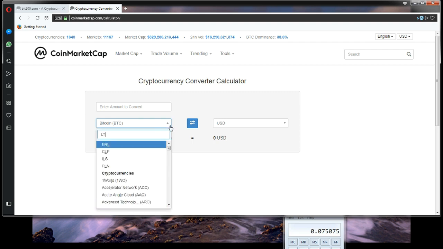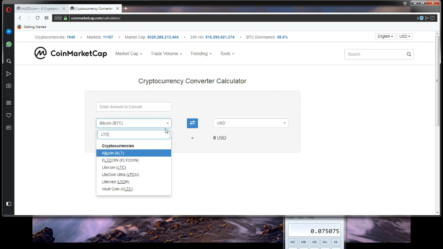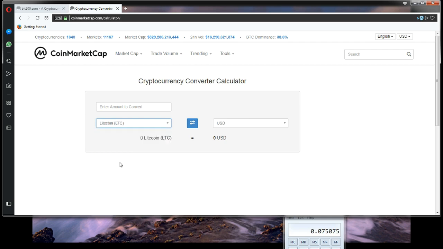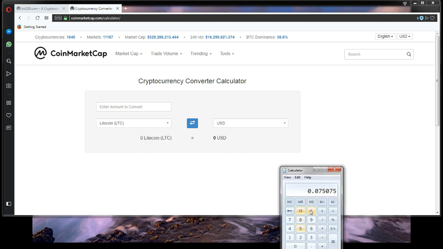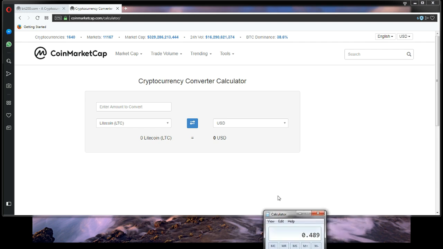Okay, LTC. Here it is. Once again, calculator. 2.0052 minus 1.5162. Okay, almost half of a Litecoin.